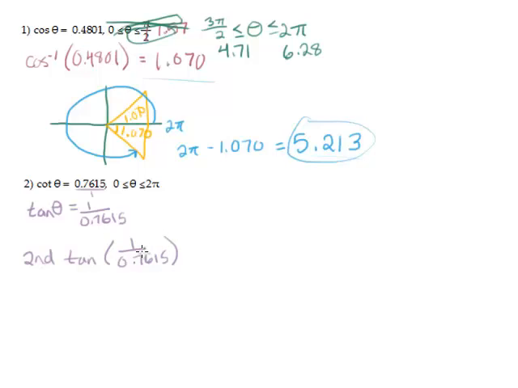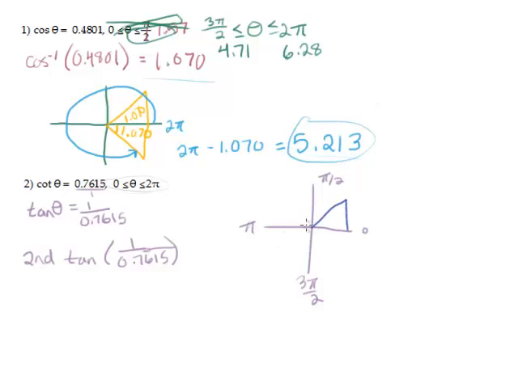0.7615. Okay, but what we already said is still true, that you only get one answer when you do this, and since they want between 0 and 2 pi, there's two different places where that happens. So let's think about where that's going to happen. Cotangent is positive where tangent is positive. So we have to say, okay, well, where is tangent positive?